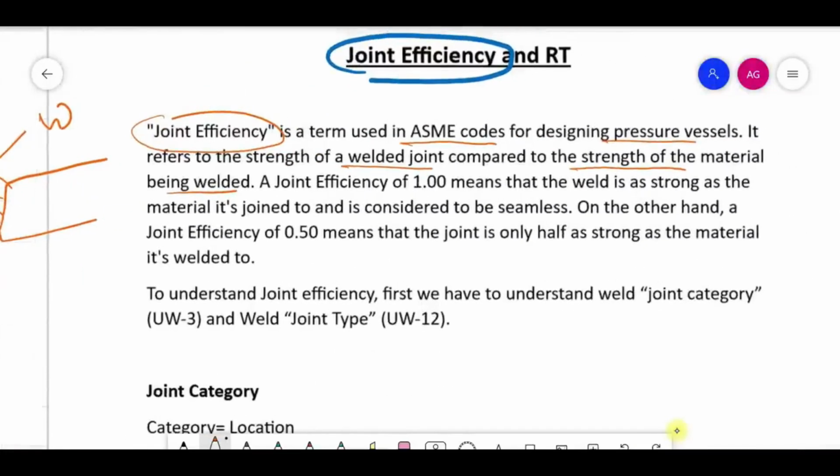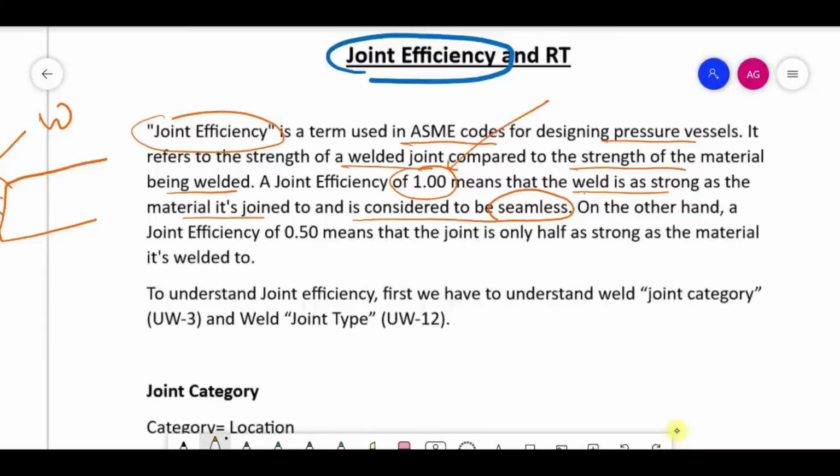A joint efficiency of one means that the weld is as strong as the material it is joined to and is considered to be seamless. It means that both the parent metal and the weld metal stand the same.